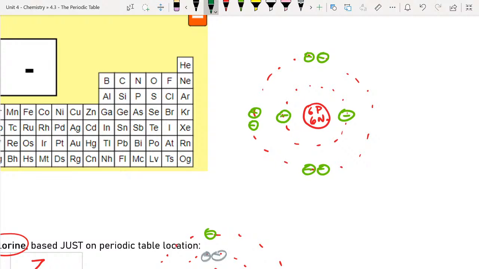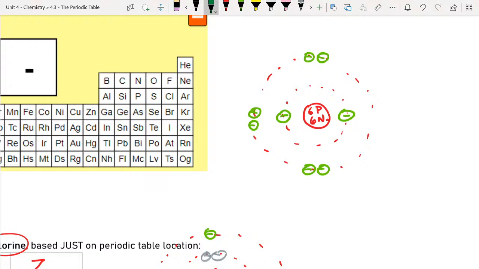Does this make sense? So in this diagram, what actually matters for this thing's chemical behavior? We said it's the outer electrons that matter. So I care about the outer electrons. Do I care about this inner shell? Do I care that it has 6 protons? Only in as much that the fact that it has 6 protons means it must be carbon, right?